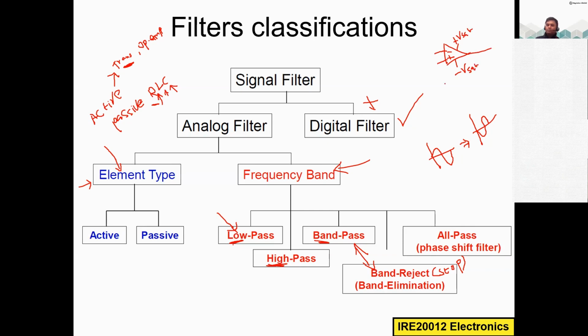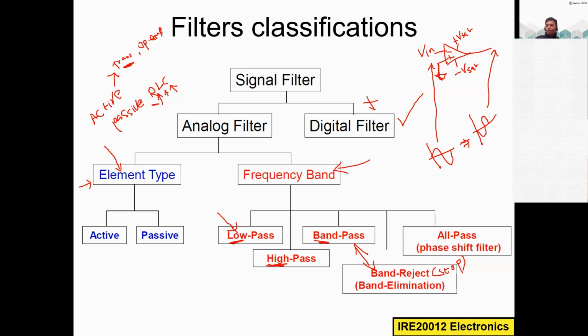Here we have the output. Maybe you can ground the positive input terminal, and then you give the input like this. At the output, you are getting a 180-degree phase shift. Some kinds of filters perform similar operations. We will see the details later when we discuss the filters.